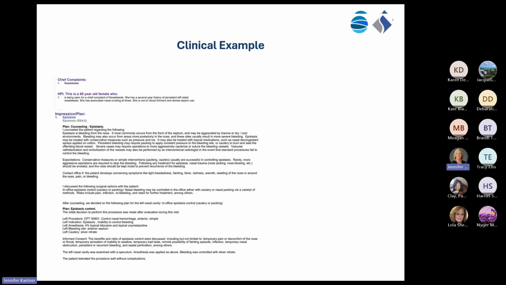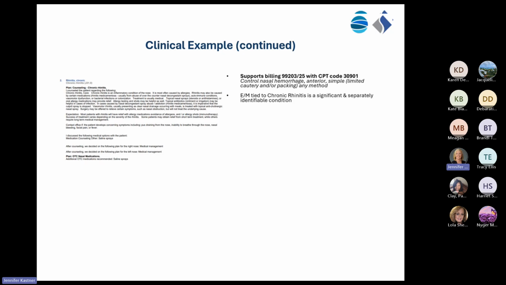So there's no additional E&M work to put toward an E&M visit. Again, in this particular example it is supported, but if they did not have the allergic rhinitis on there, then that 99203 with modifier 25 would not be billed, and only the 30901.